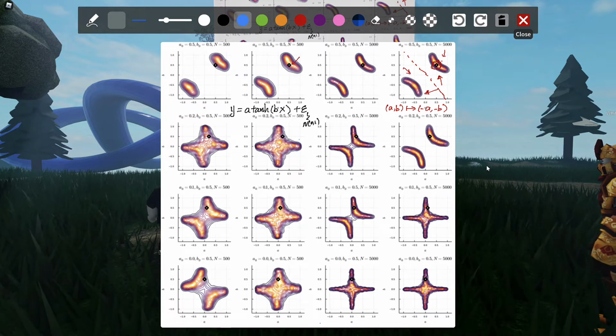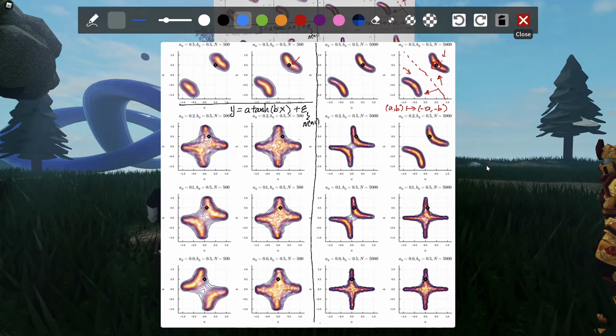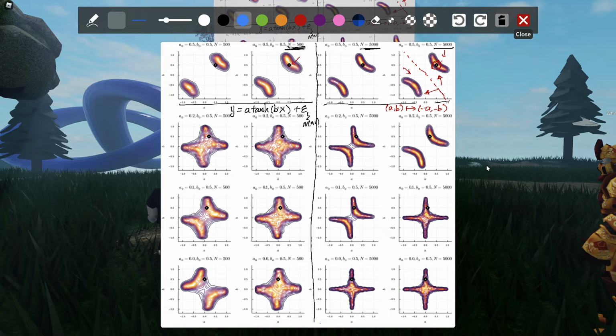So I should probably say that, let's divide this picture up into two parts. Going from the left picture to the right picture, the thing that has changed is that the training sample size goes from 500 to 5,000. So you will see that the right-hand distributions are tighter.